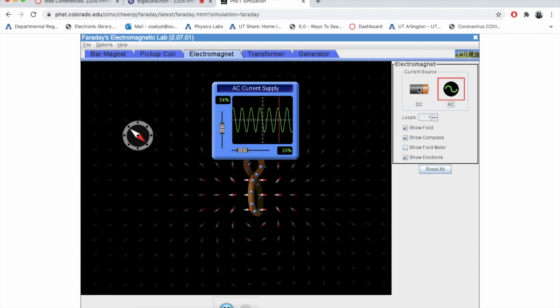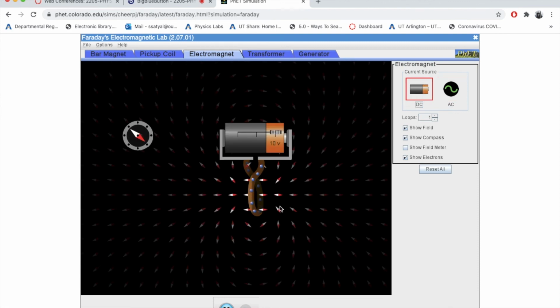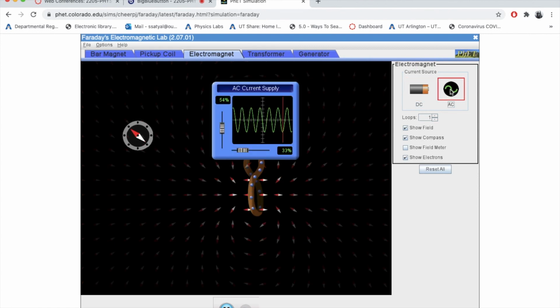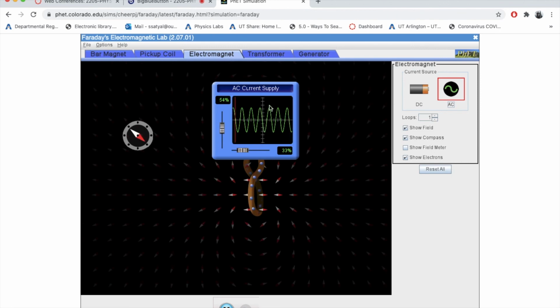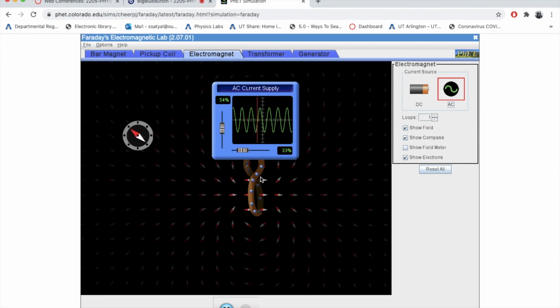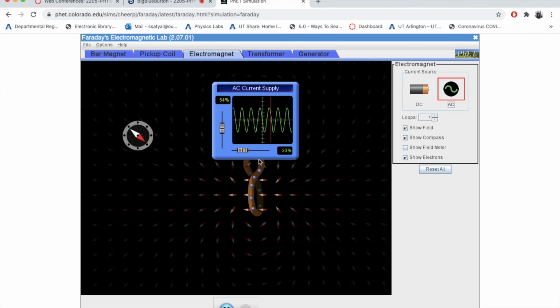For the DC part, these magnetic field lines are constant because the motion of the electrons is only in one direction, right? For the oscillating current, it goes back and forth based on the frequency, and hence you see these electrons oscillate within the wire, and that produces the oscillating magnetic field around it.